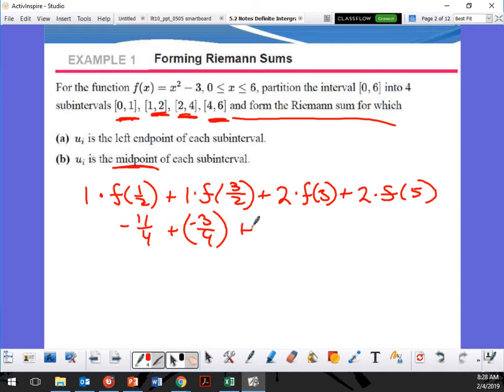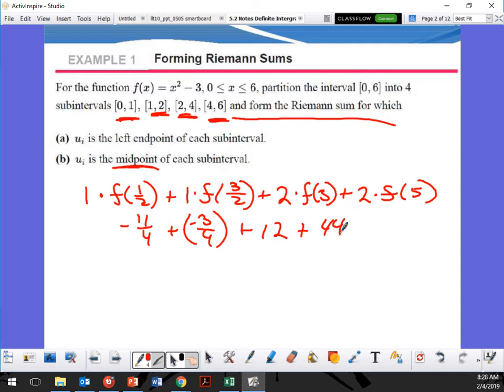Plus f of 3, so 3 squared is 9, 6 times 2 is 12, plus 5. So it's 25 minus 3, which is 22. That's times 2, by the way, so 44, right?